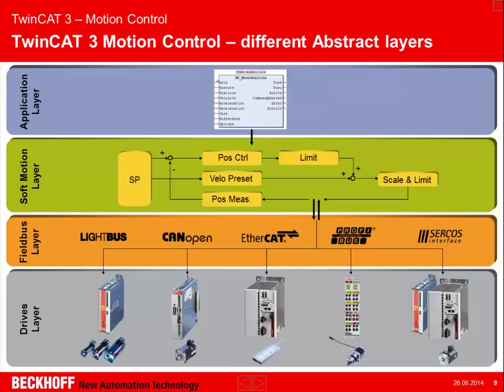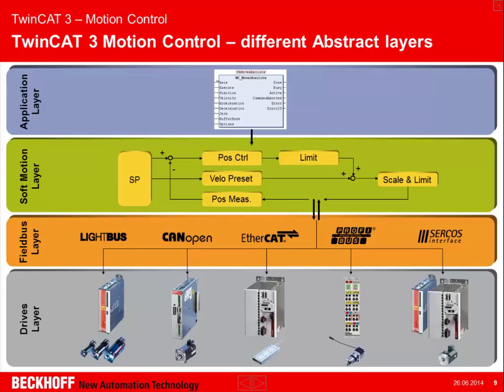The application programmers see the application layer, they do a move absolute, which is shown in the screenshot, and with the move absolute we are going into the soft motion layer. The soft motion layer generates the set points and of course does the control inside the software, but also sets the control inside the drives.